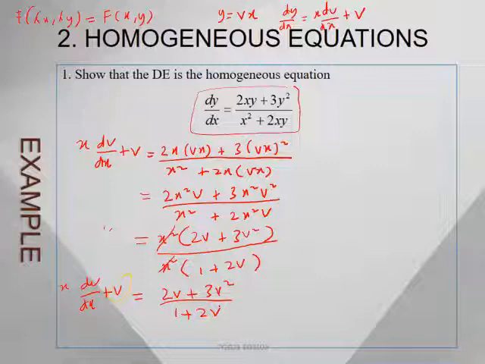So it becomes x dv over dx equals 3v squared minus 2v divided by 1 plus 2v, minus v.